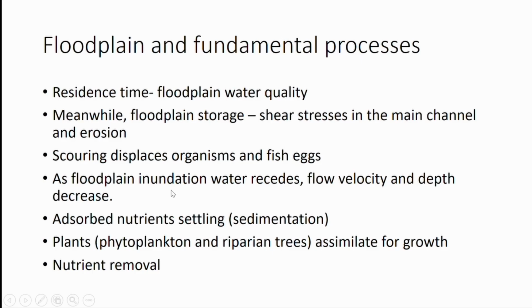And within the floodplain, as the river flow recedes and eventually flow on the floodplain also calms, you have depth and velocity decreasing. And as depth and velocity decrease, we have nutrients that are absorbed onto sediment particles settling out.